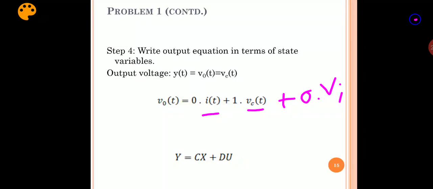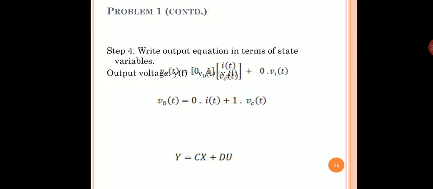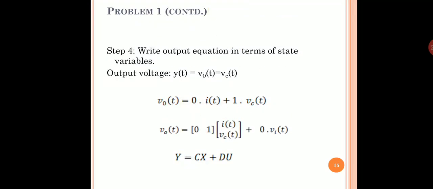Now I can rewrite this in a matrix form like this. So write the coefficient of I of t as 0, the coefficient of Vc of t is 1, and the coefficient of Vi of t is 0.